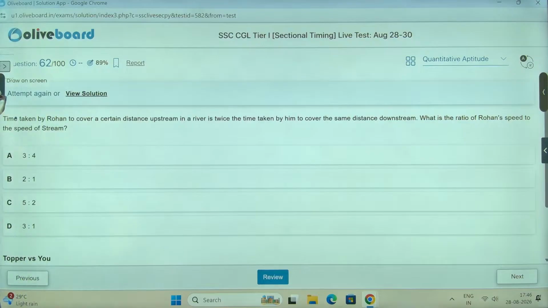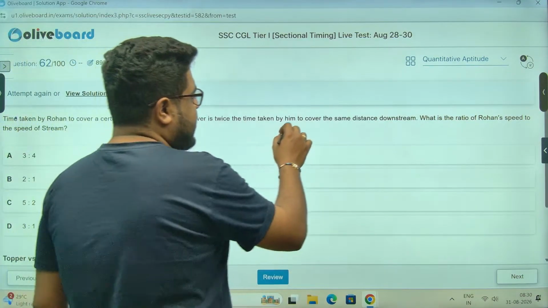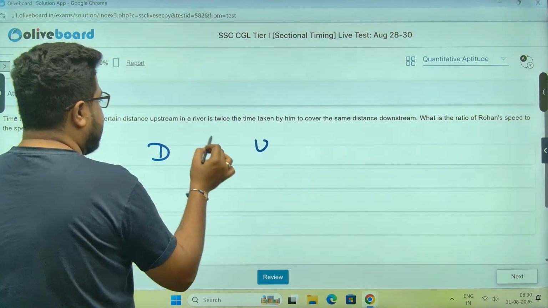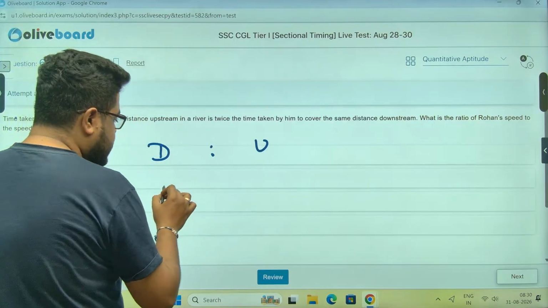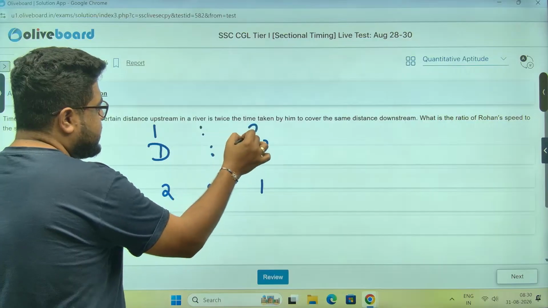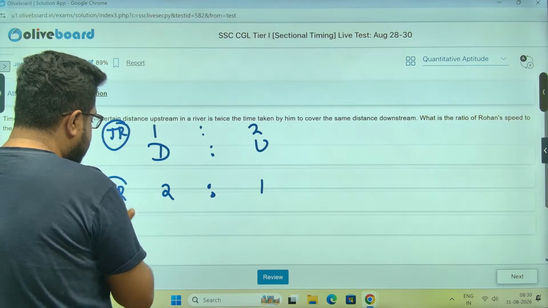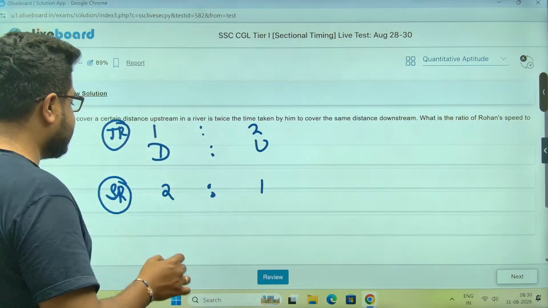Time taken by Rohan to cover certain distance upstream is twice that downstream. Sir, downstream, upstream. Time taken upstream is twice. So speed ratio will be opposite, 2:1. It was 1:2 time ratio, sir. Now they are asking what ratio of Rohan's speed to speed of the stream, meaning x is to y.